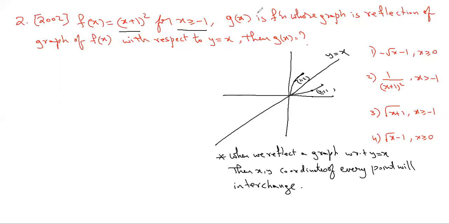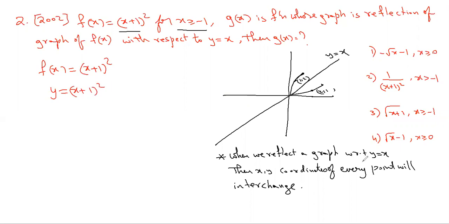So if you consider this logic, to apply this, we take the given function f of x is equal to (x plus 1) the whole square. So you write y equal to (x plus 1) the whole square.